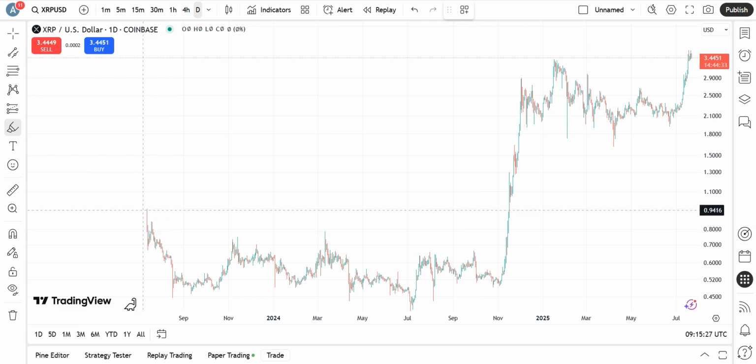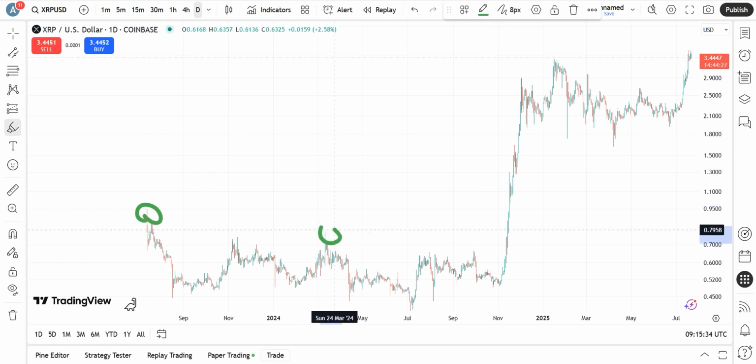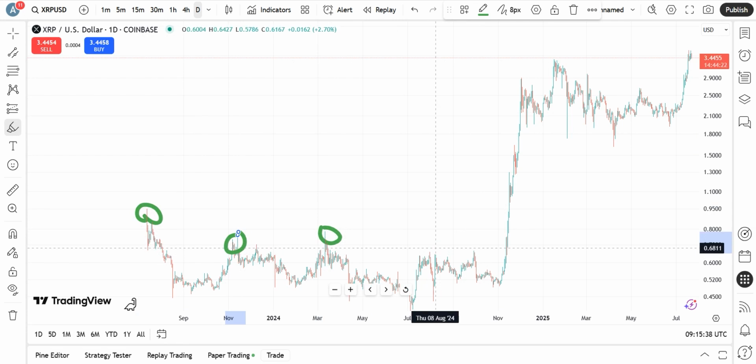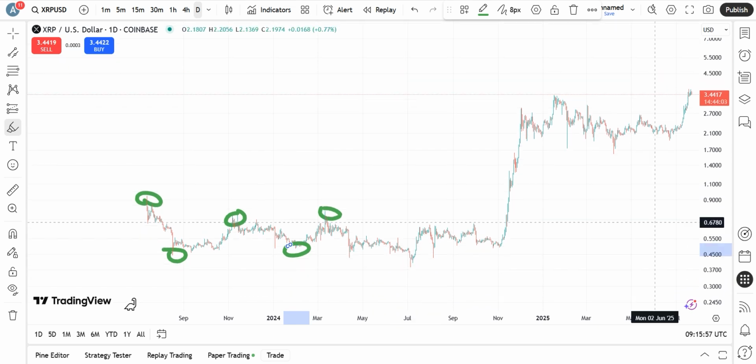indicate the pivots. We have one pivot right here, another one right here, here. It's been a little bit hard to indicate a pivot here, but we have another one here, right here, and right there.